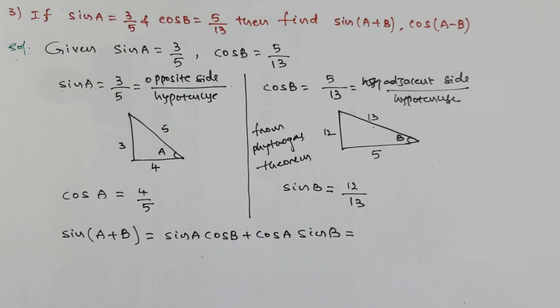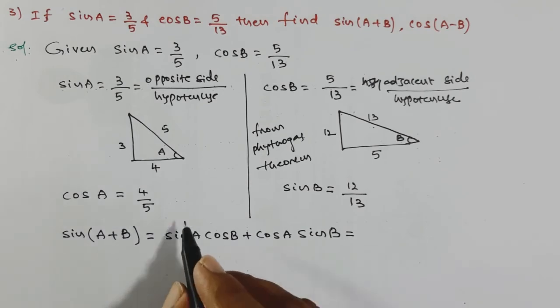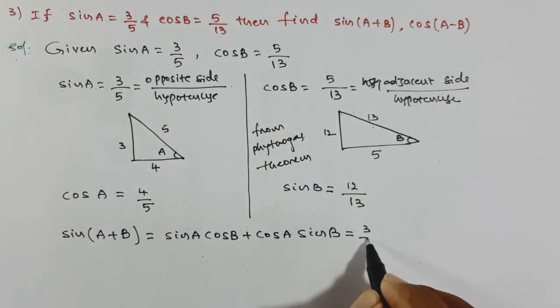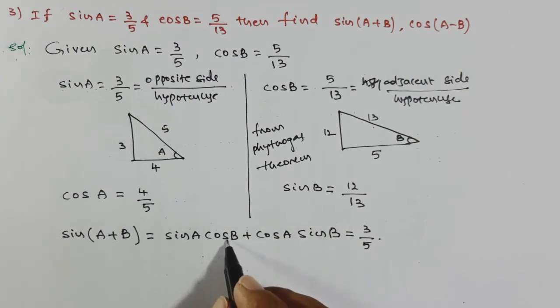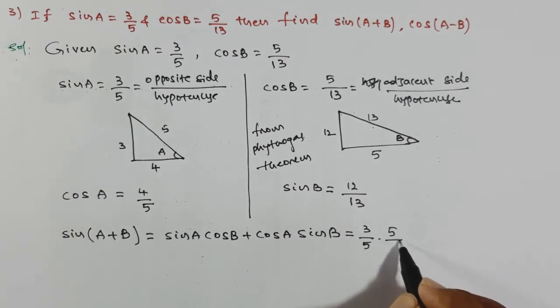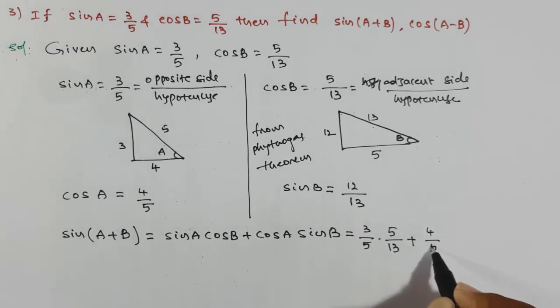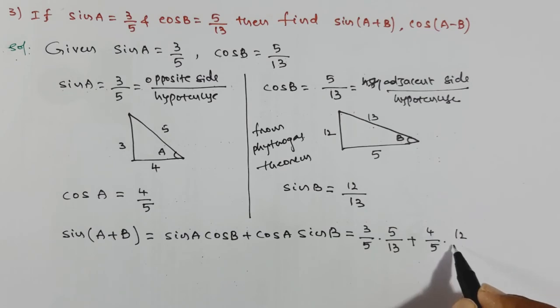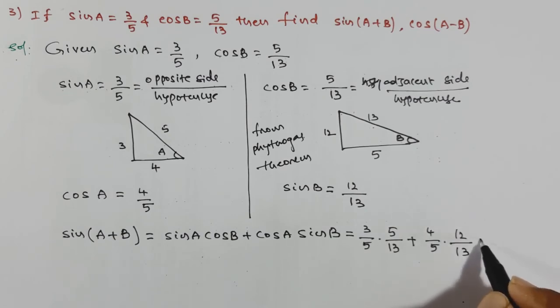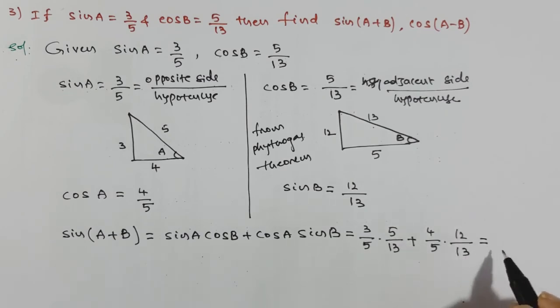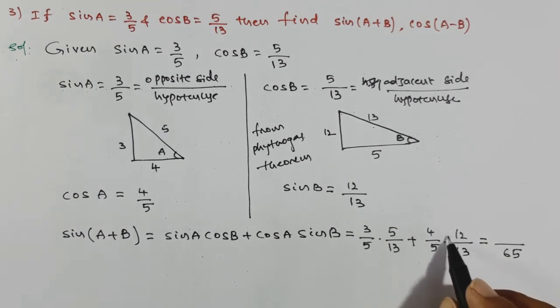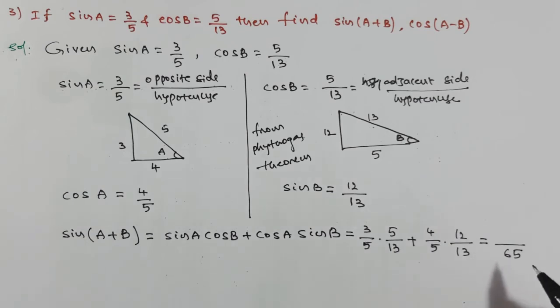Sin A is 3 by 5, cos B is 5 by 13, cos A is 4 by 5 and sin B is 12 by 13. Multiply the two fractions; the LCM is 65. 3 fives are 15, 4 twelves are 48, totally 63 by 65. That is the value of sin of A plus B.